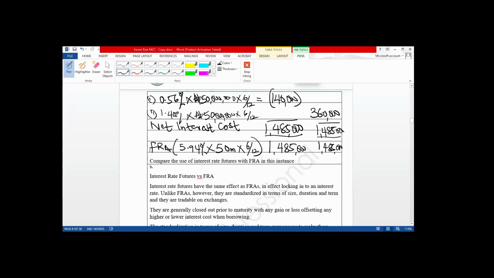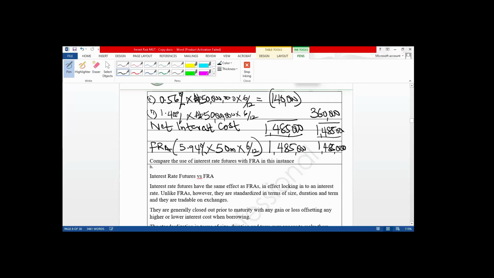You must not pay less than this amount, and you must not pay more than this amount, because FRA is a binding hedging instrument.